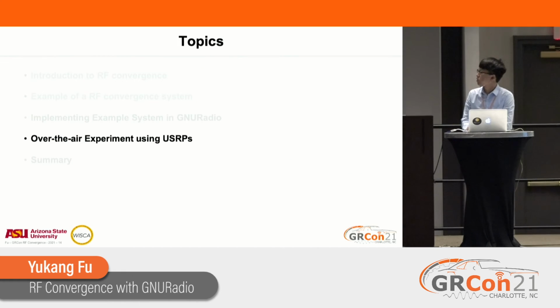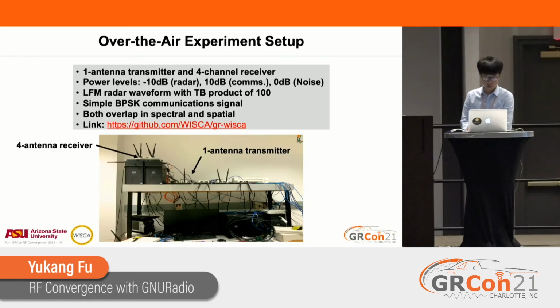Next, we'll present the result of the over-the-air experiment using USRP. Here we have a 1 antenna transmitter and a 4-channel receiver. For the parameters of the relative power levels, the radar is -10 dB, the communication signal is 10 dB, and the noise is 0 dB.